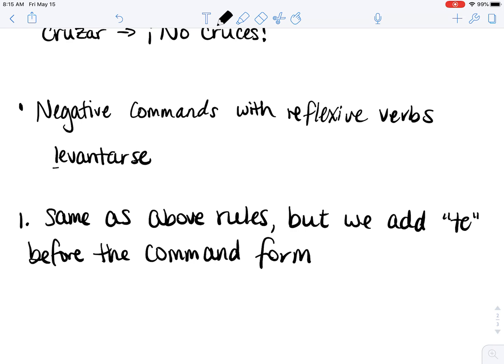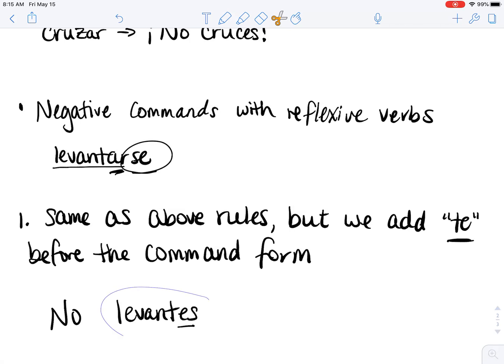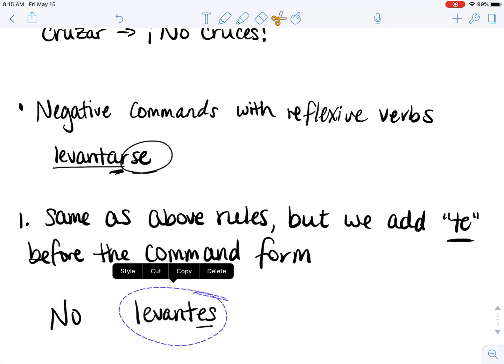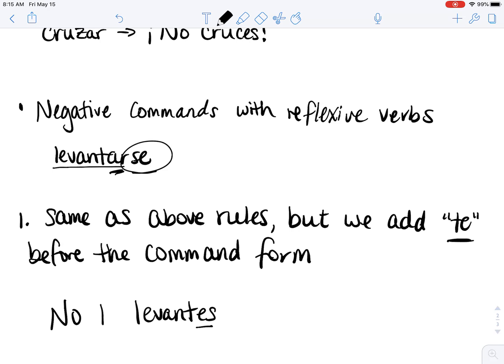So levantarse, we'll start just with the levantar part. We have no levantes, es because this is an AR verb. And then we want to take our reflexive pronoun. We want to make sure that it is te to agree with tú.